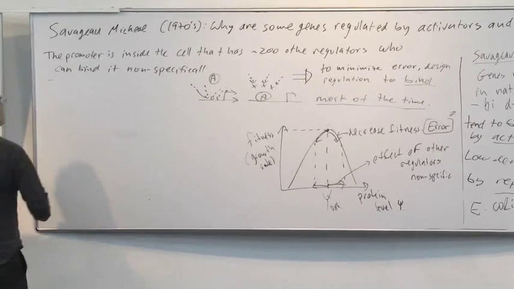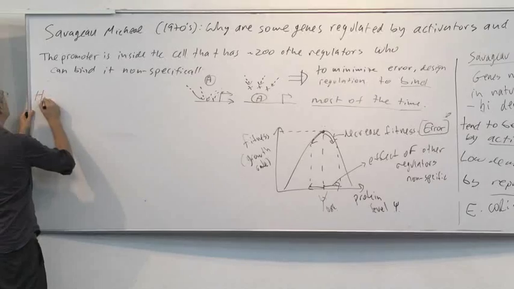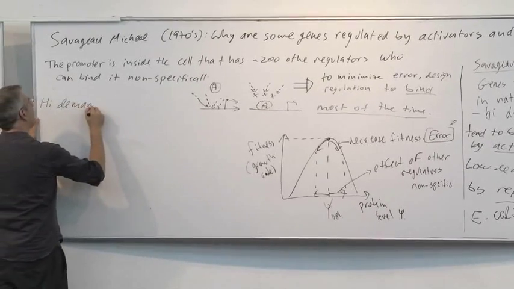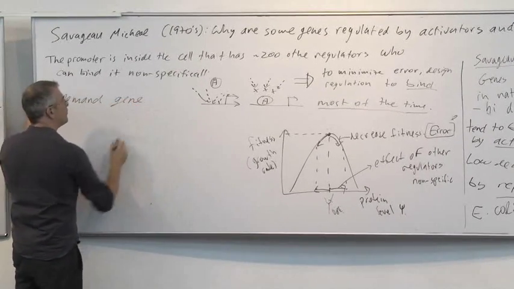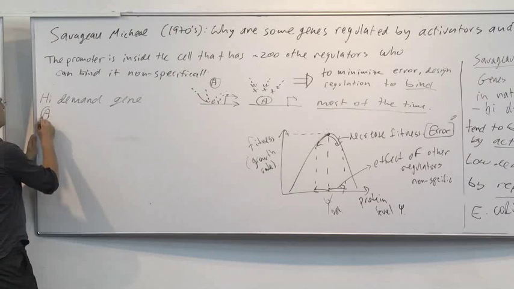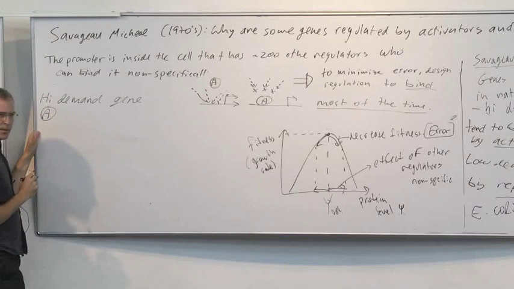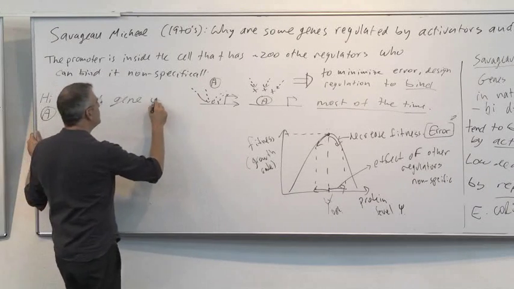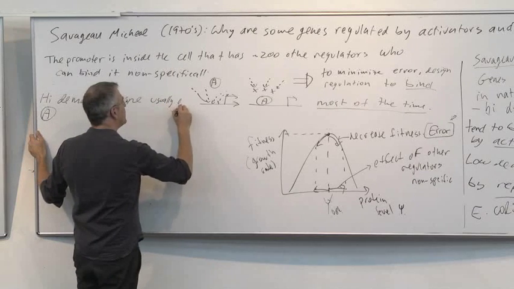So for a high demand gene, okay, activator mode of control, high demand genes need to be usually on, right?